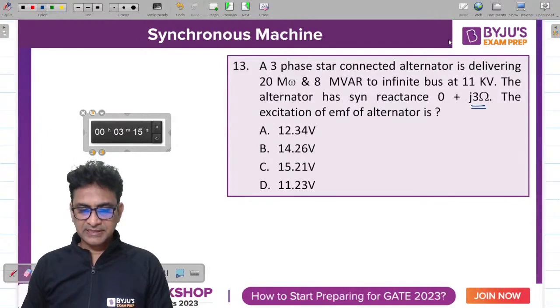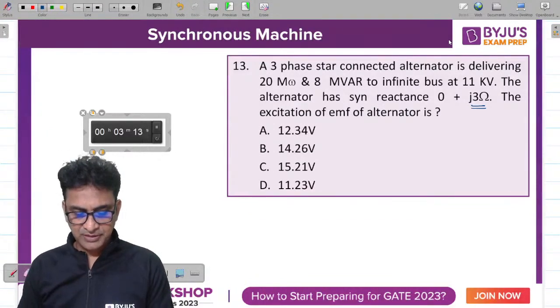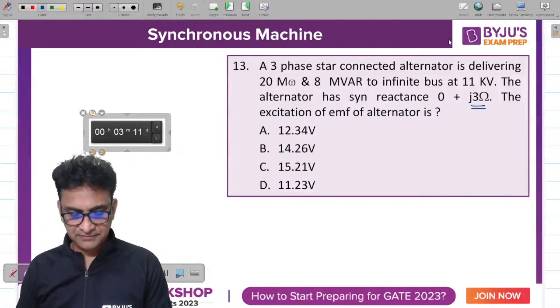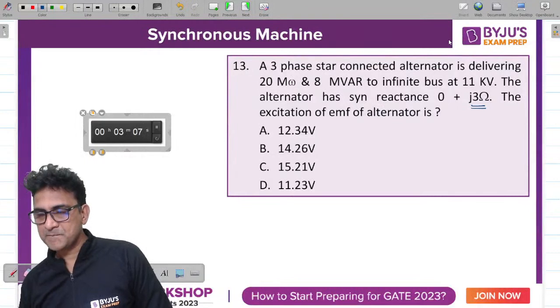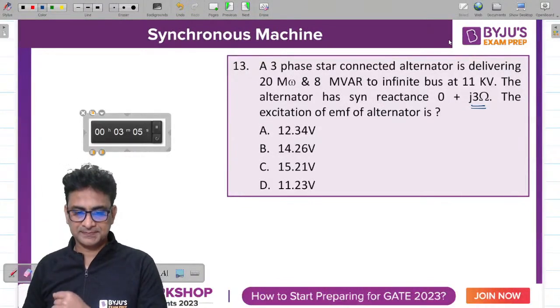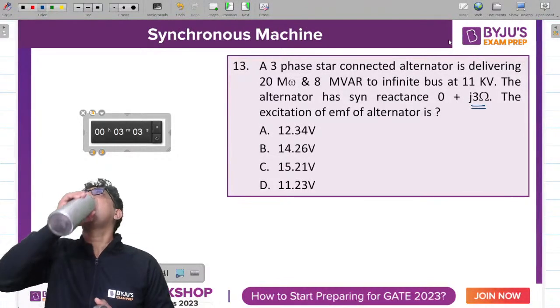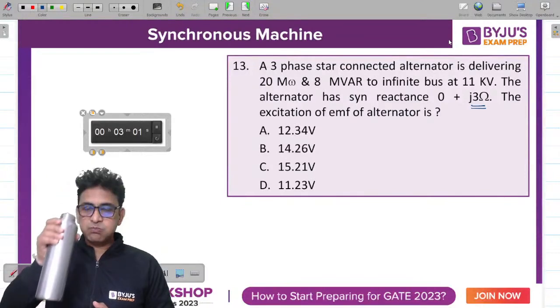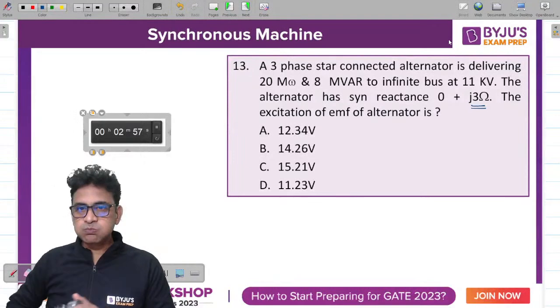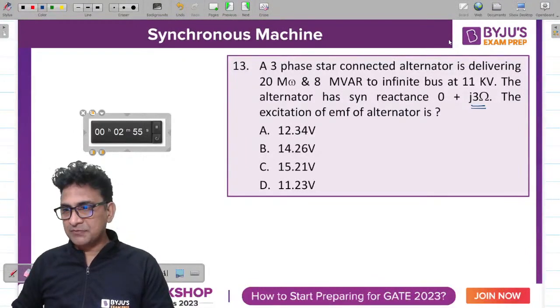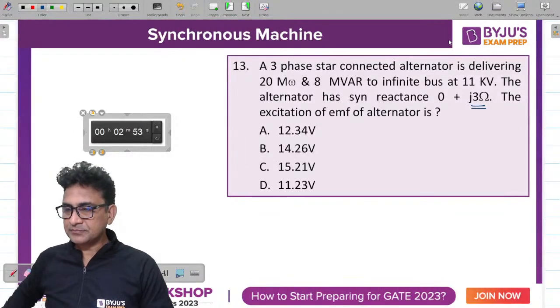The synchronous reactance is j0.3. What is the value of EF? After this, we have 2 more questions.